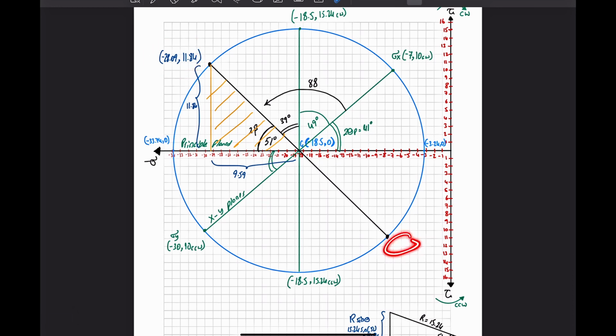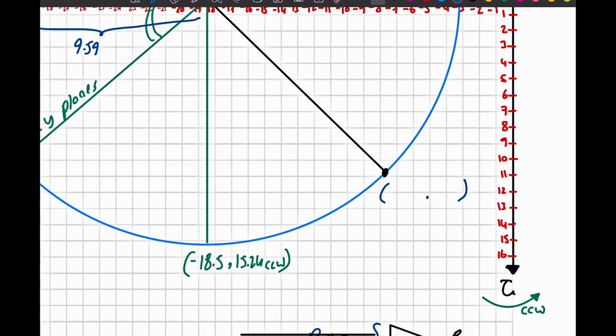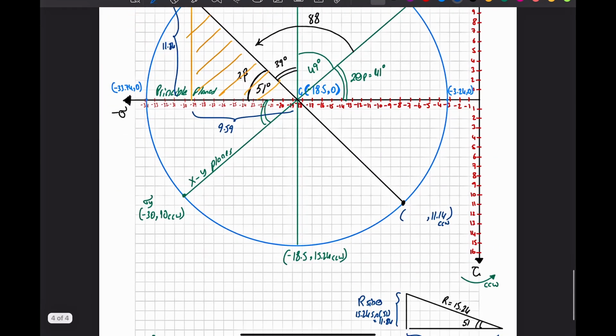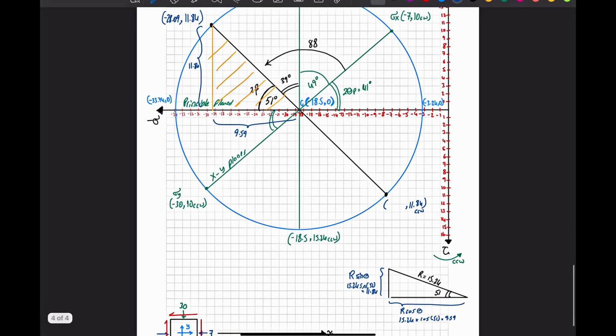Now I need to find that point. It's the same triangle, so don't take it out twice. This height is going to be 11.84 counterclockwise. It's not 14, it is 84. And then for the x, I know that this horizontal dimension is 9.84.